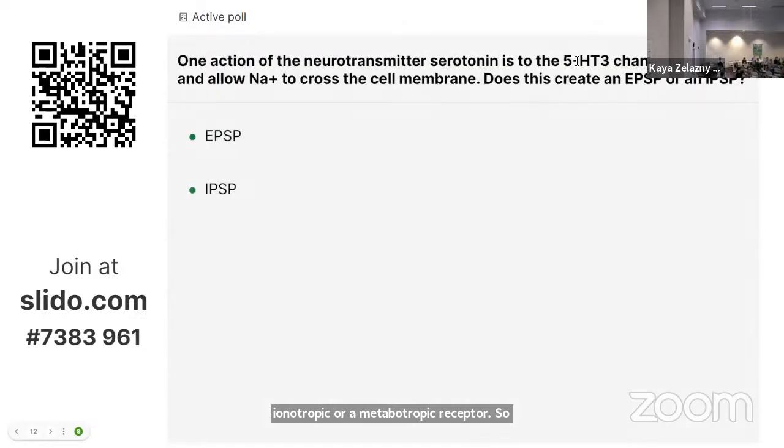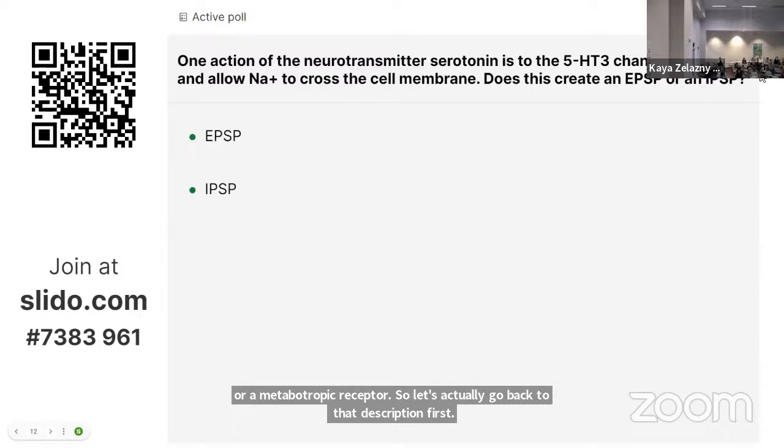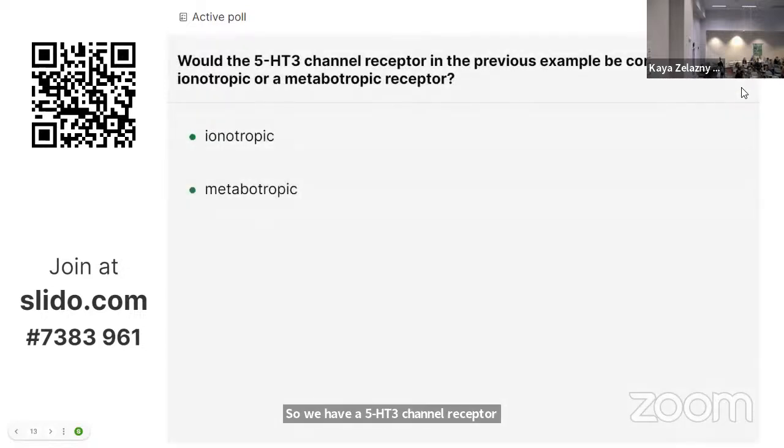We have a 5-HT3 channel receptor. So is that ionotropic or metabotropic?